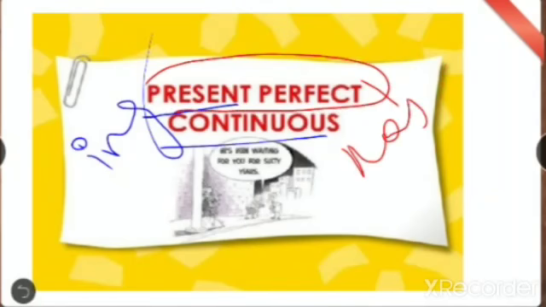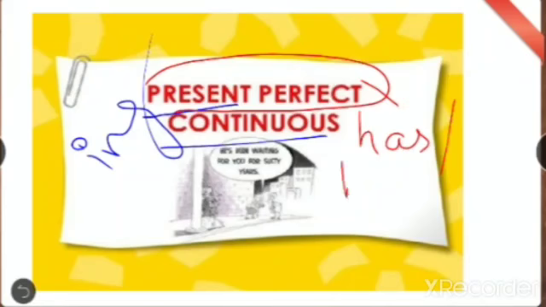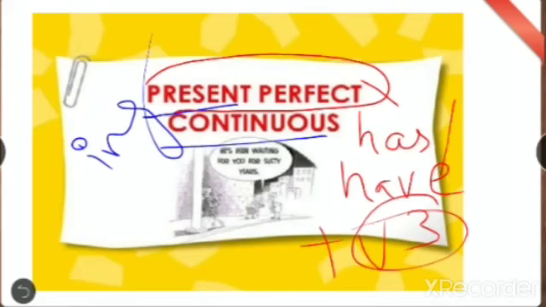Has or have plus V3, right? So here we know that in present continuous the verb will be in ing, and in present perfect we use has or have plus the third form of the verb. This was already explained to you when you were in fifth standard.